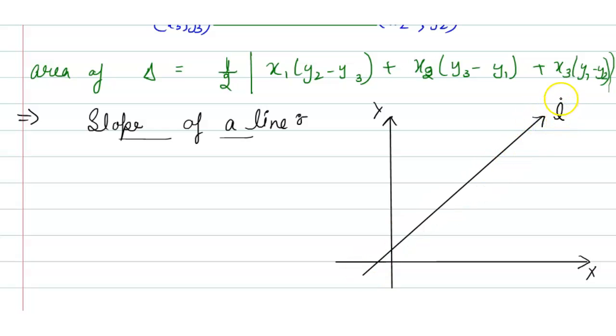Suppose this line is L and has an angle theta. Here a line is drawn parallel to the x-axis, and the same angle is drawn here. So this is called the slope angle. Let this point be P, x1, y1 and here point be Q, x2, y2, this is M, this is R.